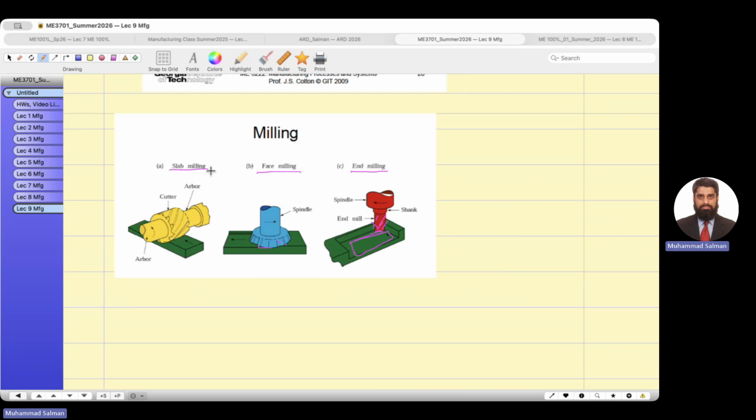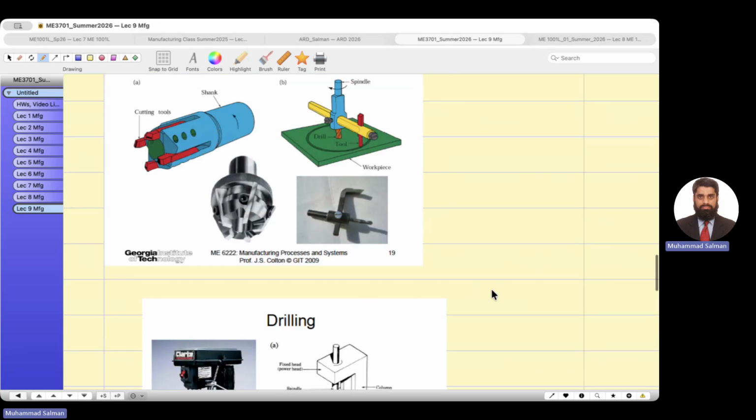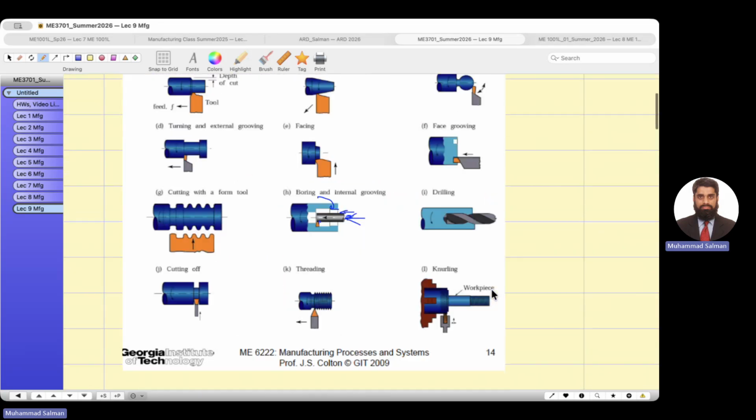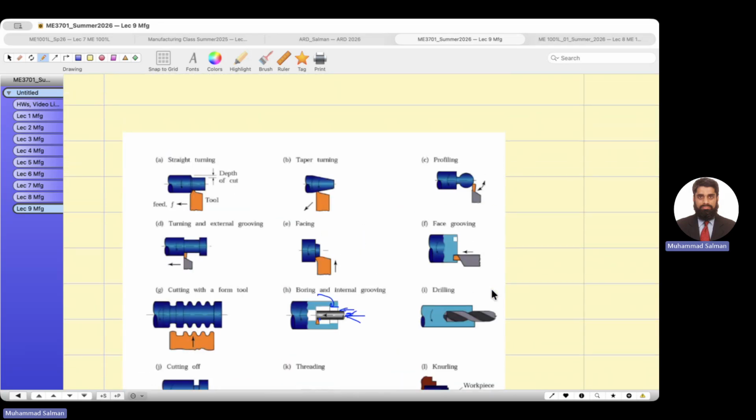And this is slab milling. You can smoothen the flat surface. Milling is used to machine the flat surfaces, unlike the lathe machine, which is used to do the operation on round cylindrical shapes. So it depends what type of machine tool you need in order to perform the required operations.